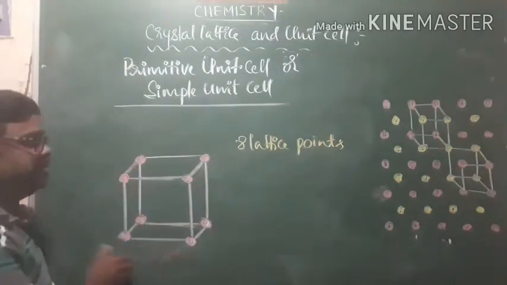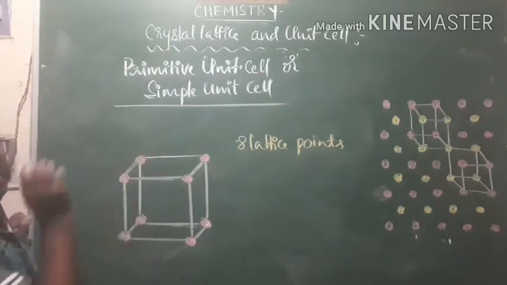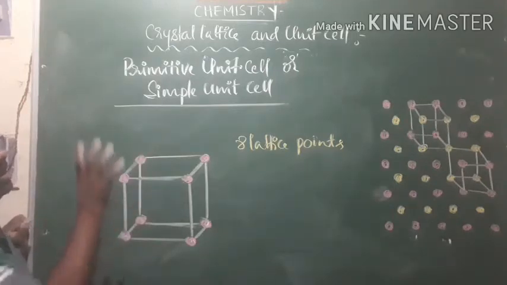All these 8 lattice points are distributed at the corners of the unit cell.